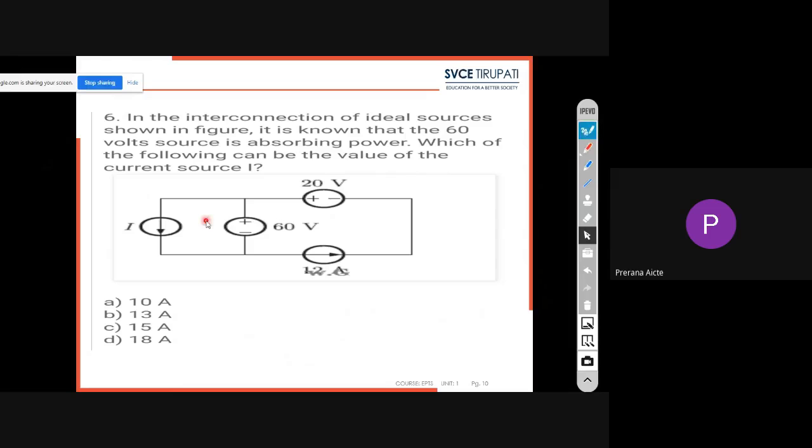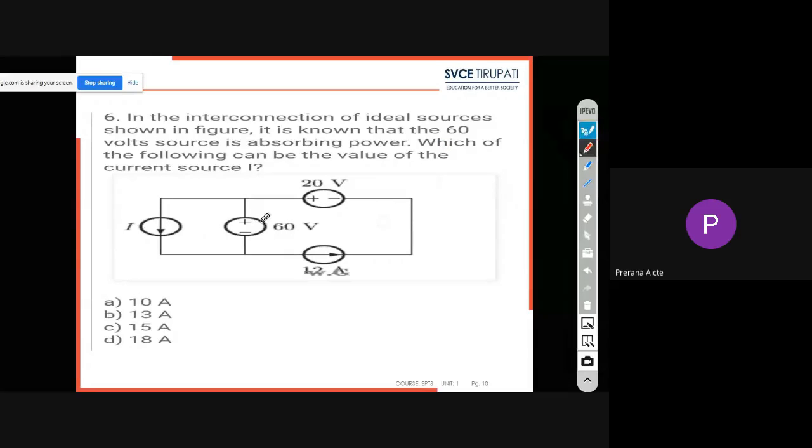So this one thing is absorbing. What is the difference between absorbing and delivering?